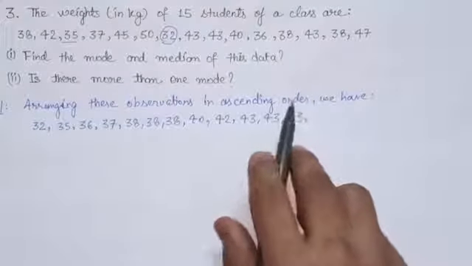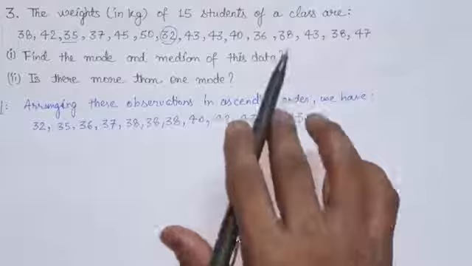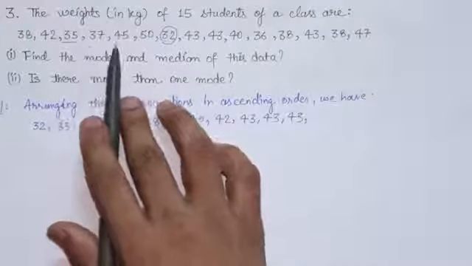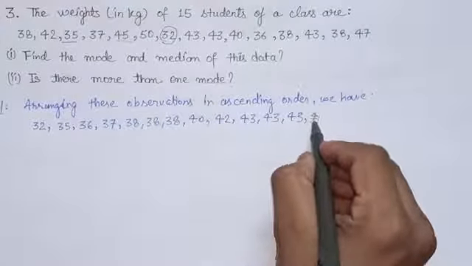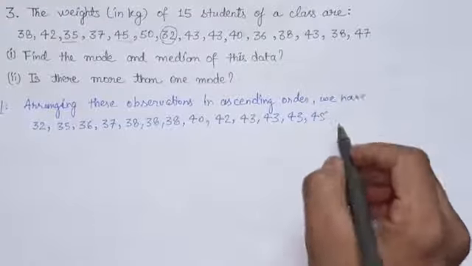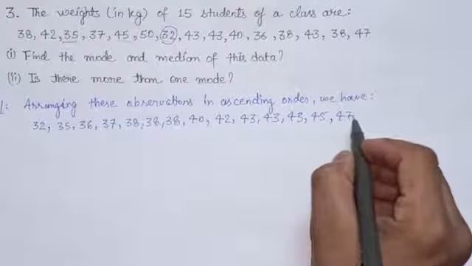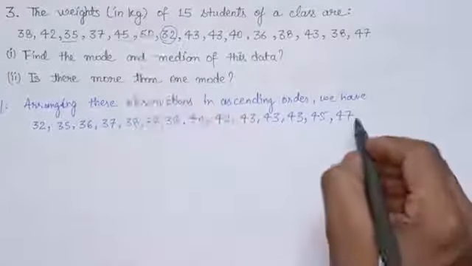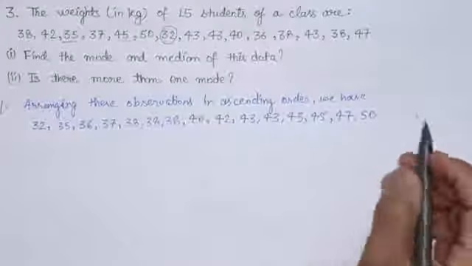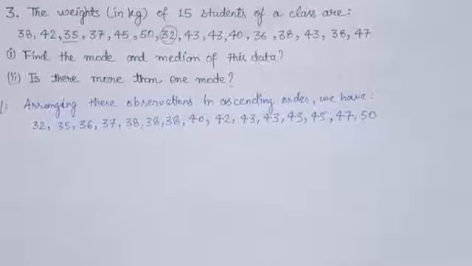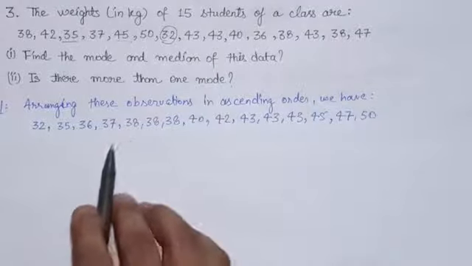And after 43 it comes 45. After 45, 47, and after 47 the last one is 50. So we have arranged the observations in ascending order.